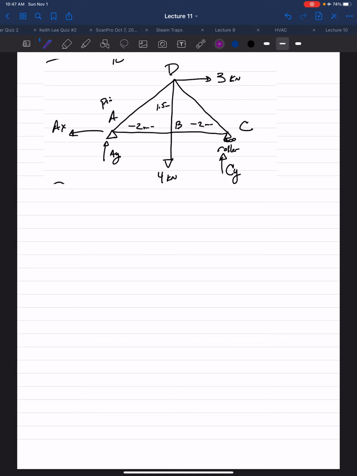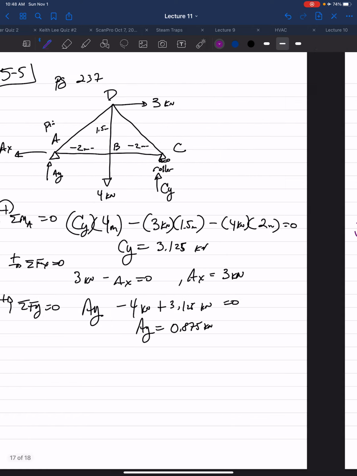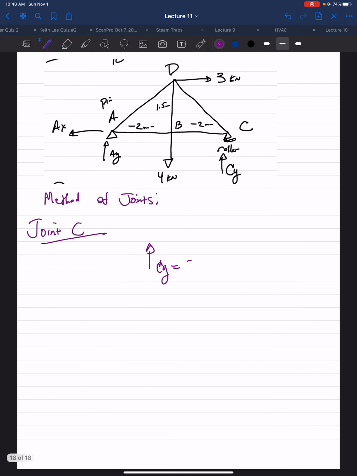So now going into the method of joints. If I start at joint C, we now know CY, so there's one known, two unknowns. We have our CY, which we calculated to be 3.125 kilonewtons.